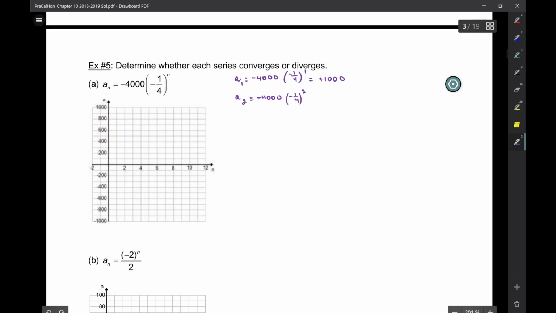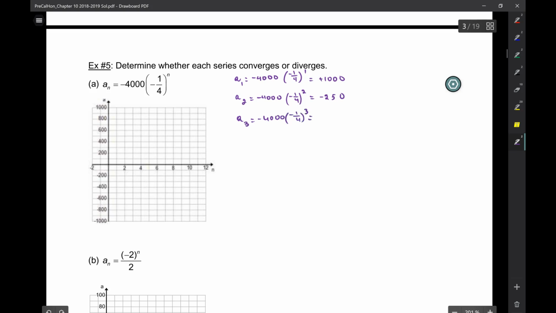What's negative 1 over 4 squared? Positive 1/16. So it's going to be negative 4,000 divided by 16. Is that going to be a positive or negative value? Negative 250. Okay? A sub 3 is negative 4,000 times negative 1 over 4 cubed.